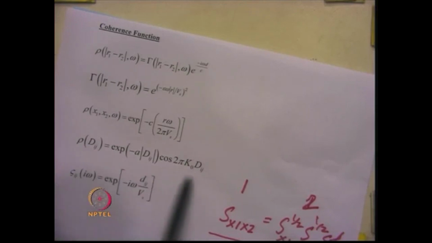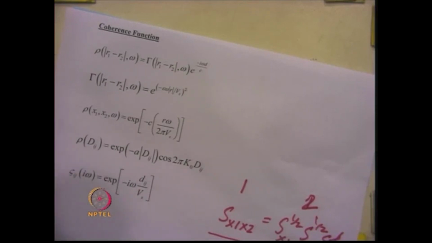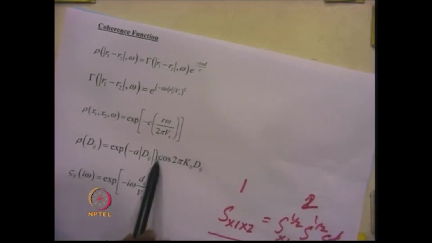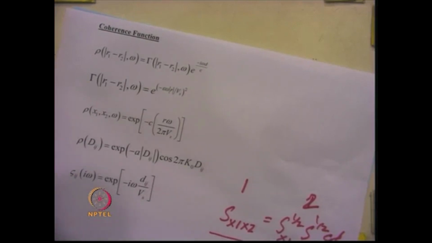This is another coherence function that is reported in the literature. This is in the form of a harmonic function, that is a cosine function, and an exponential function that decays with the distance.